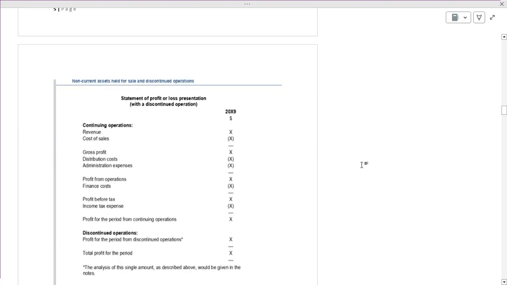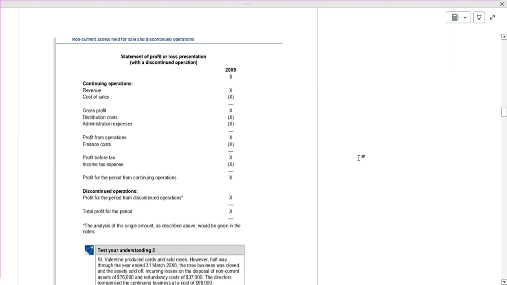Fine. Now see how it has to be presented. They gave you the format also. You have to show continuing operations and discontinued operations. Under the basic rules, things are very easy for us. For the continuing operations, we are not doing anything in this.